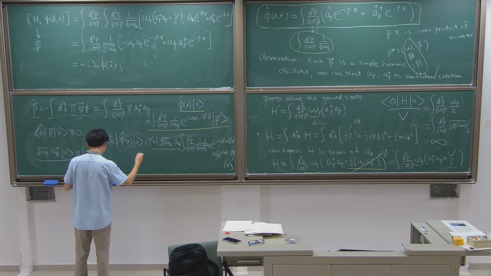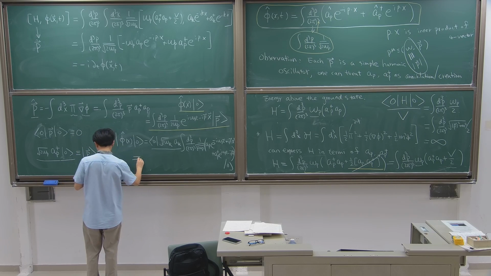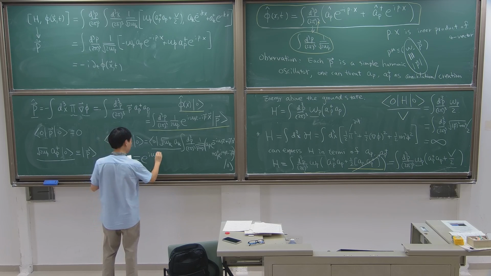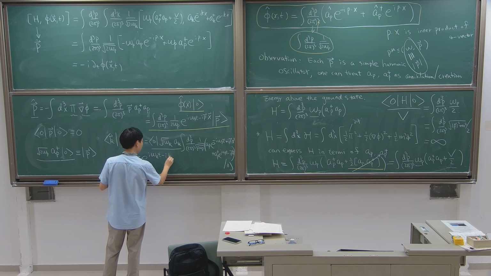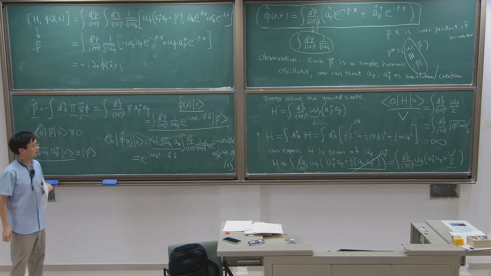So take use of the commutation relation to work this out. So what is this? This is the exponential of i omega_k t minus i... This is the final result.